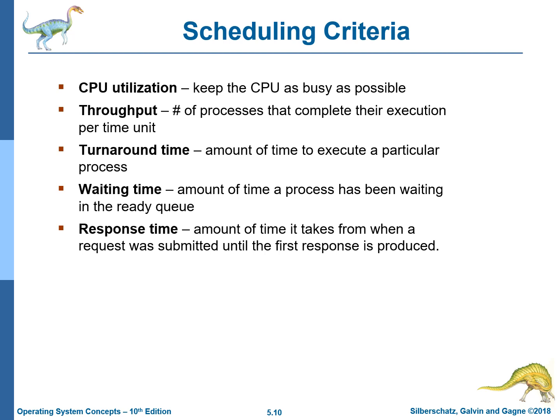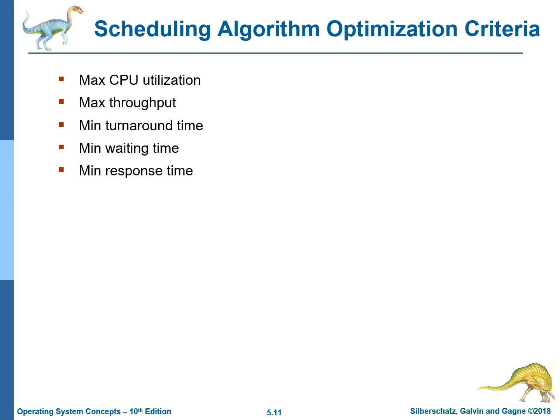Response time is the amount of time it takes from when a request was submitted until the first response is produced. So these are the scheduling algorithm optimization criteria: maximum CPU utilization, maximum throughput, minimum turnaround time, minimum waiting time, and minimum response time.